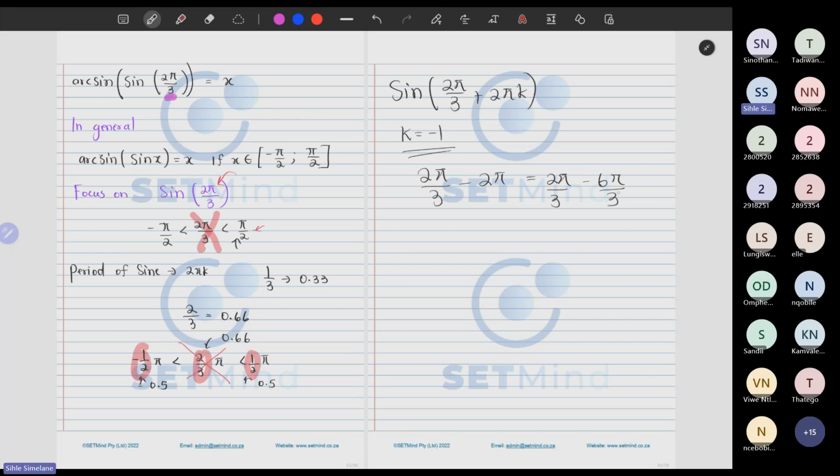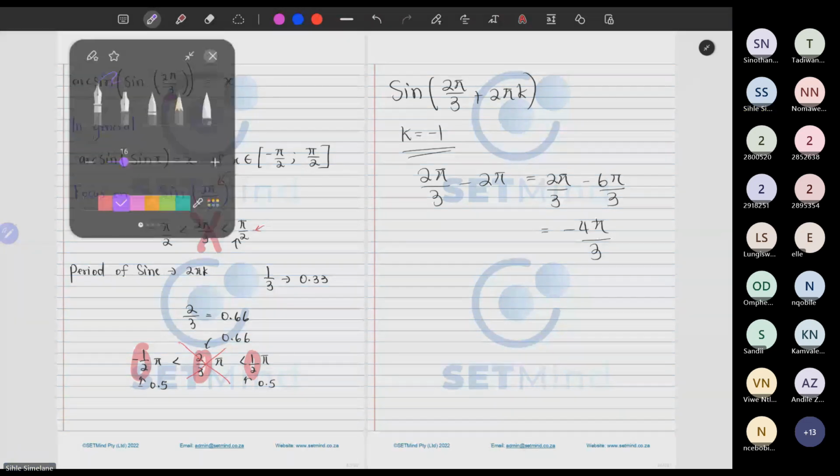That gives minus 4 pi over 3, and this is not helping in any way. So how can we work that out? This did not work. What can we do?